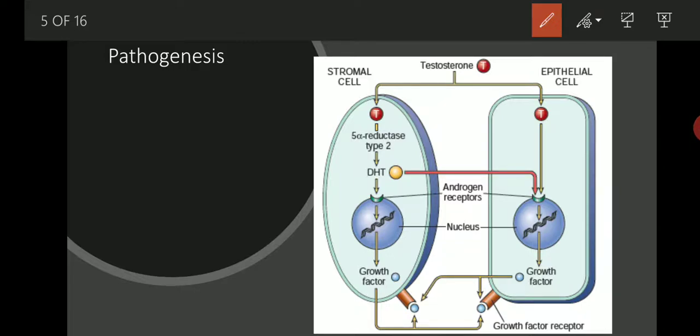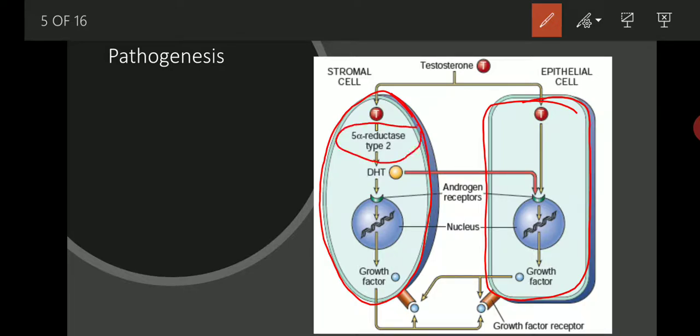It acts on both the stromal cells as well as the epithelial cells. But there is a difference. The stromal cells contain an enzyme known as the 5-alpha reductase type 2 enzyme, which is not present in the epithelial cells.